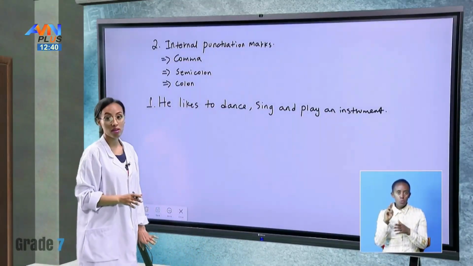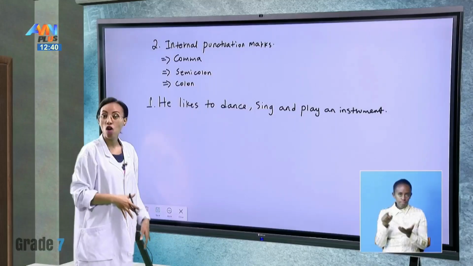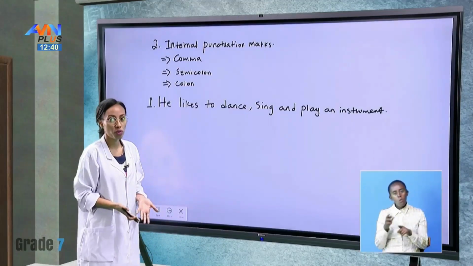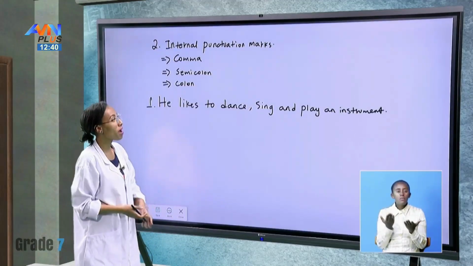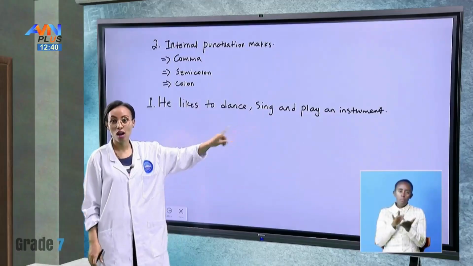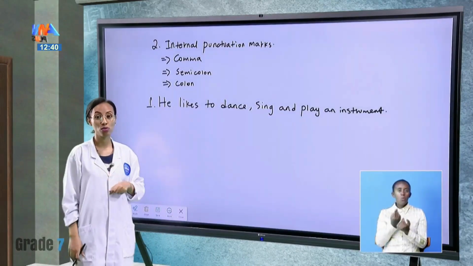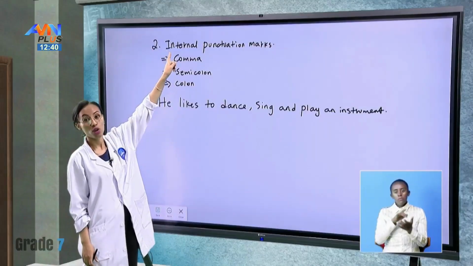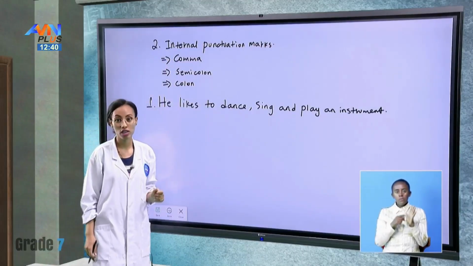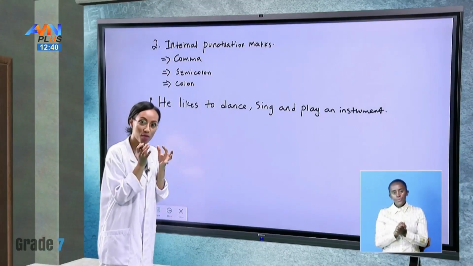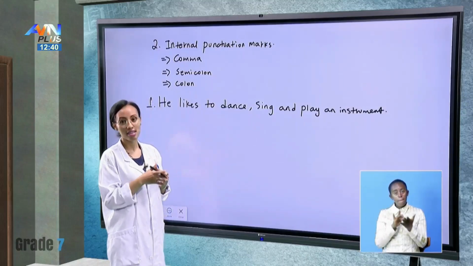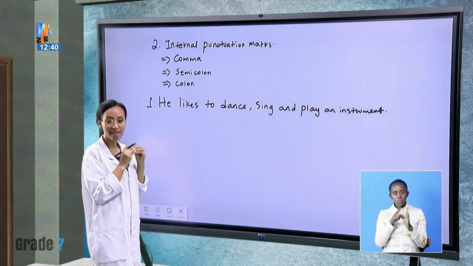We have used a comma here. When or where did we use a comma here? We used a comma in the middle of a sentence. If that is the case, and that is how we usually use a comma, it's showing what? Internal punctuation. Internal meaning in the middle of a sentence. So it is inside the sentence.